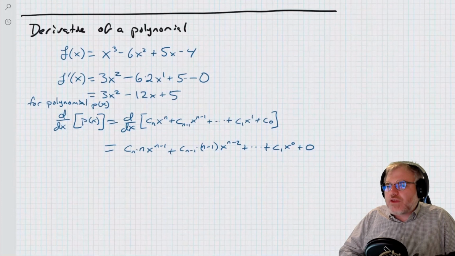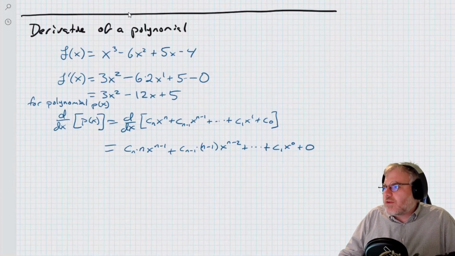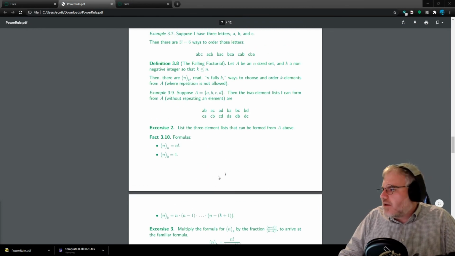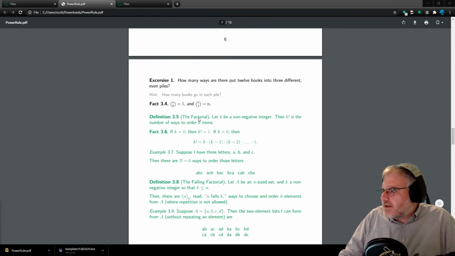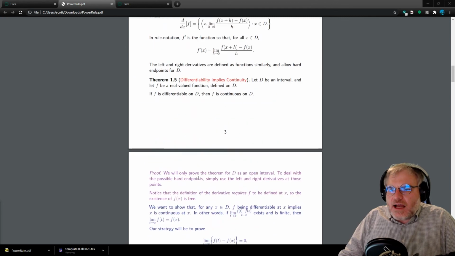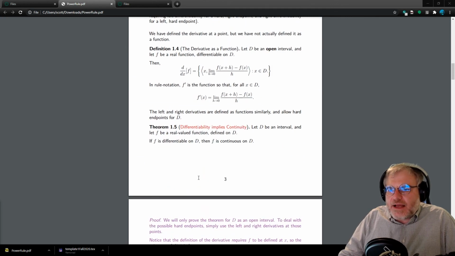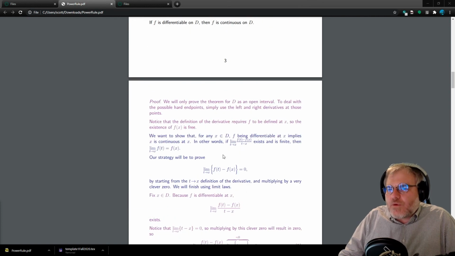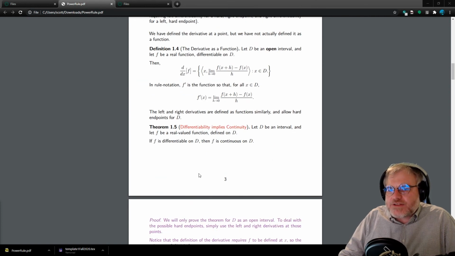You can see these notes if you go on to the notes section here. The stuff in green is just extra, so don't worry about that. This is about differentiability and continuity, the fact that one implies the other. Notice it's in purple.